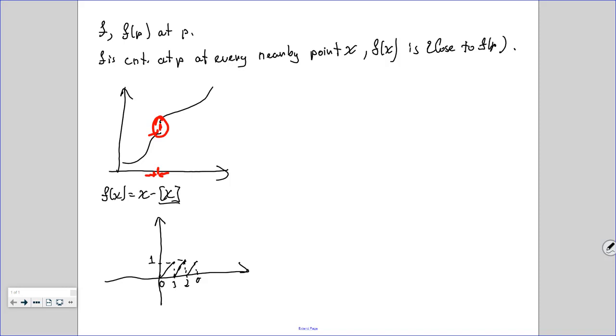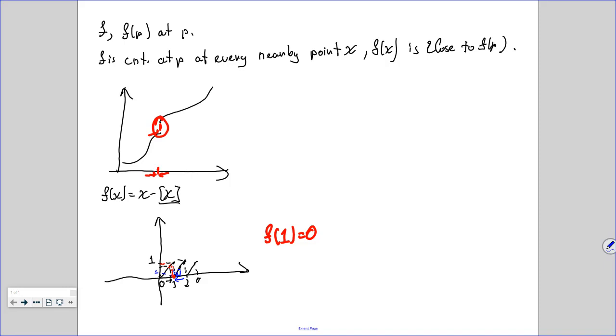For example, let's say f(1) is 0. If we approach 1 from the left side, you see that the function approaches 1. However, if we approach 1 from the right side, in this case the function does approach 0.